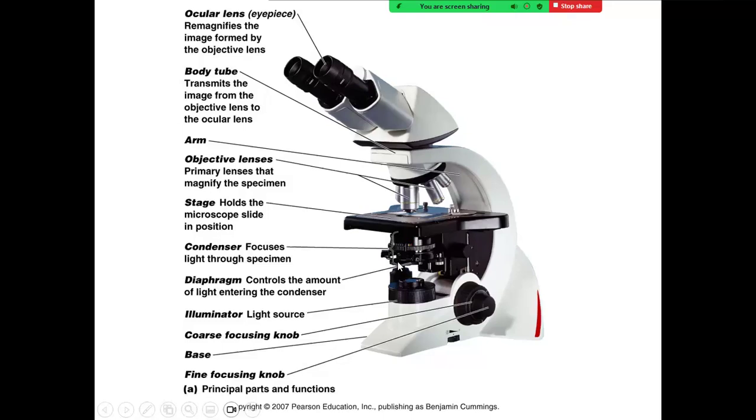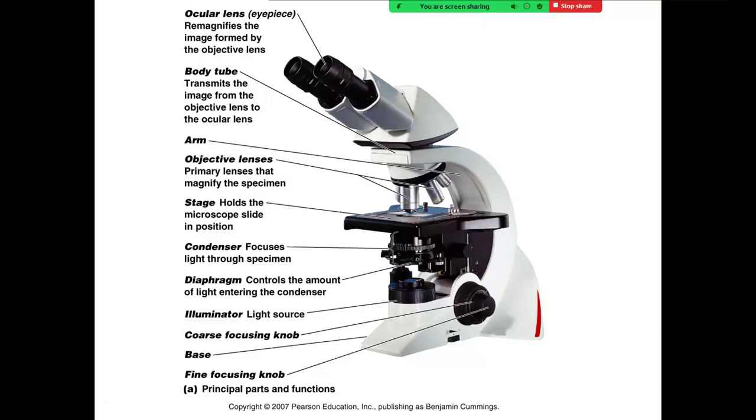I think in the previous picture I showed you in the lab, the iris diaphragm was above the condenser lens. And I don't know why in some microscopes the iris diaphragm is above the condenser lens and others is below the condenser lens, but the two are always together.